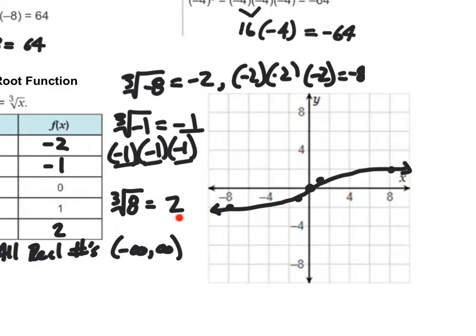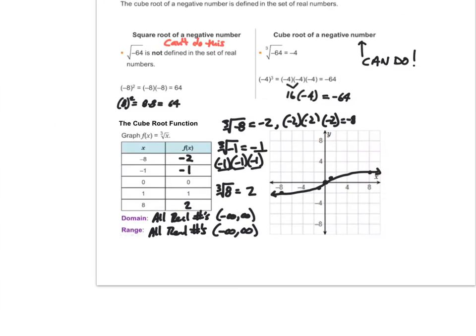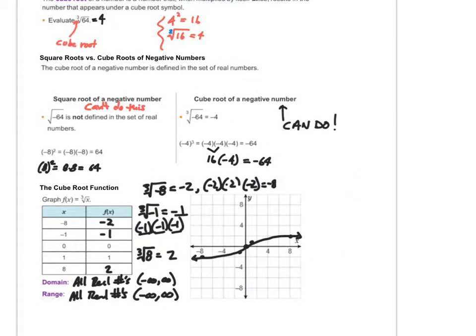If I plug in negative x values, the further and further I go to the left, the further down I go. So my range is also all real numbers, going from negative infinity to positive infinity, which is a change from what we had on square root functions. Okay, let's look at the next page.